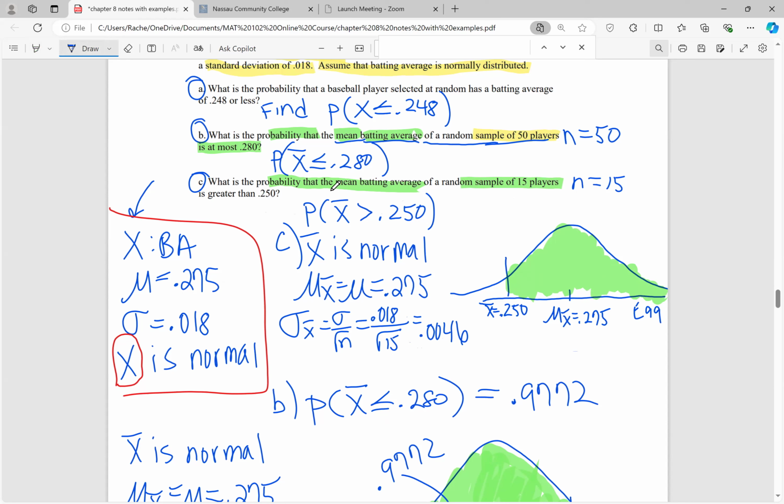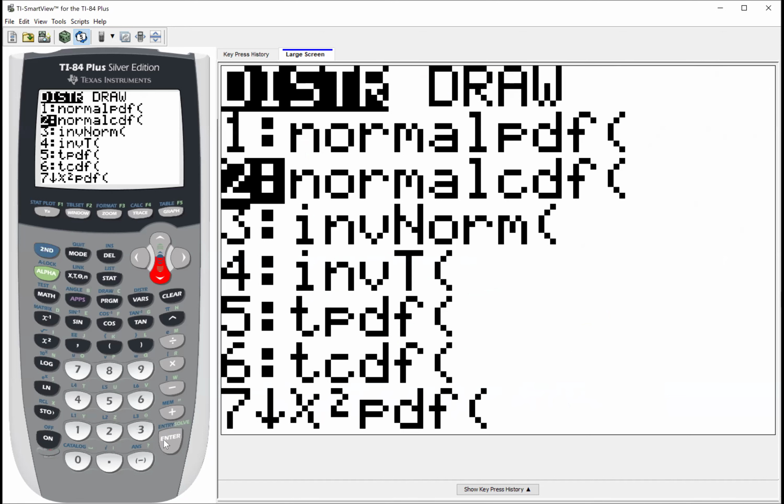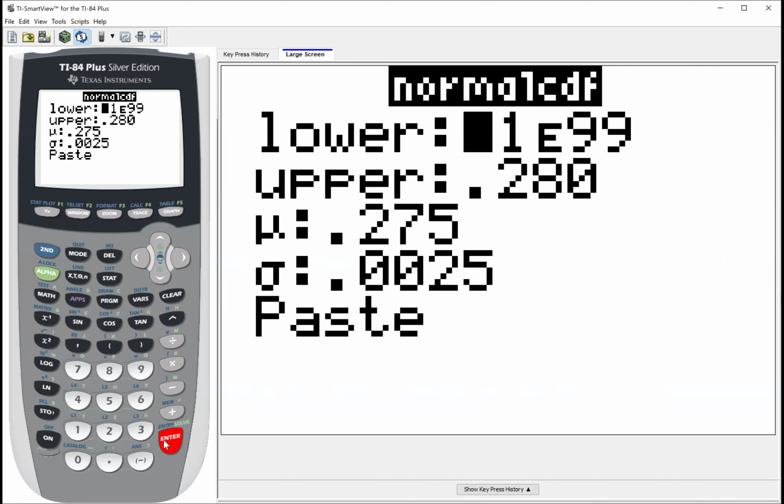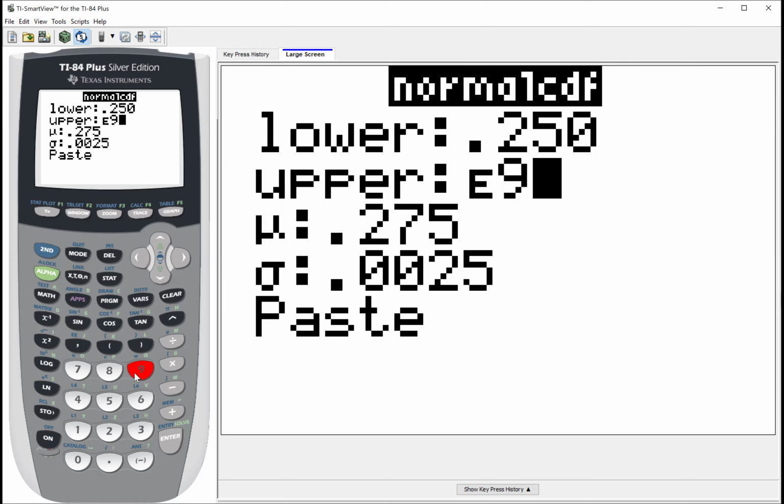So let's go to the calculator. We're going to use normal CDF. So we said the lower was 0.250. The upper was E99. The mean is 0.275, but now we have to change the standard error, right? It's 0.0046.